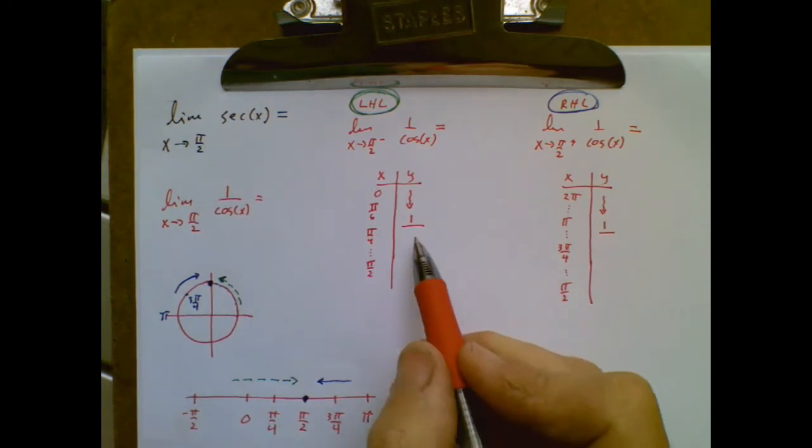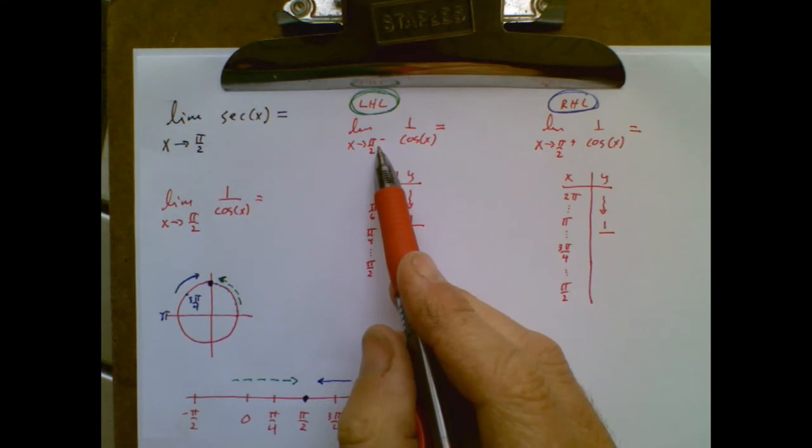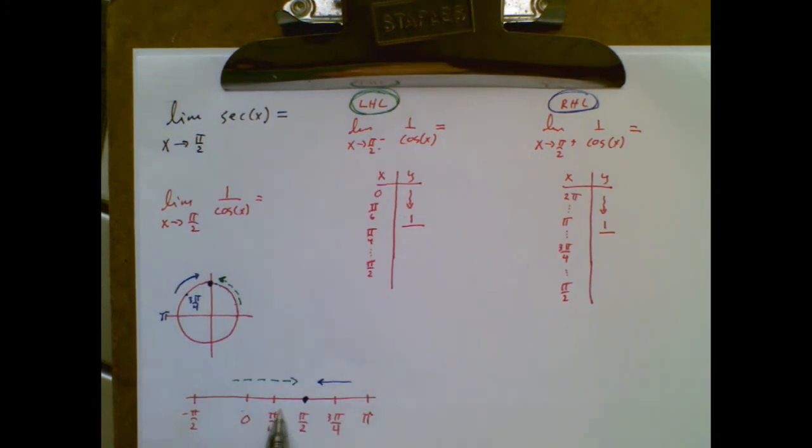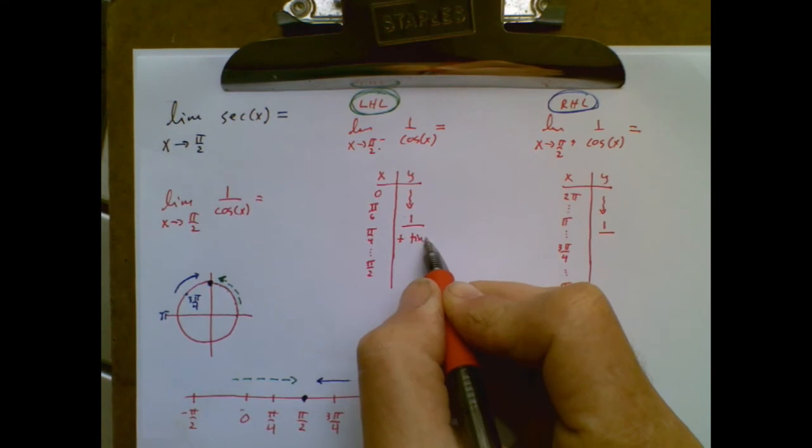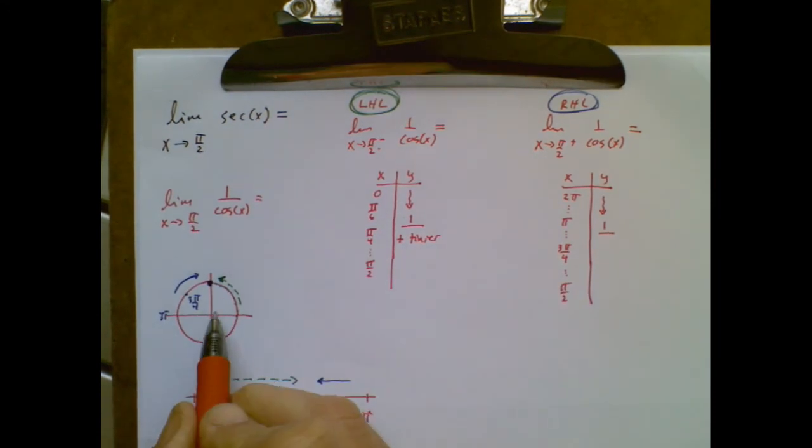So in this case, as I approach from the left, which is over here, or better yet over here on the unit circle, my cosine values are positive and getting tinier. Now how do I know that?